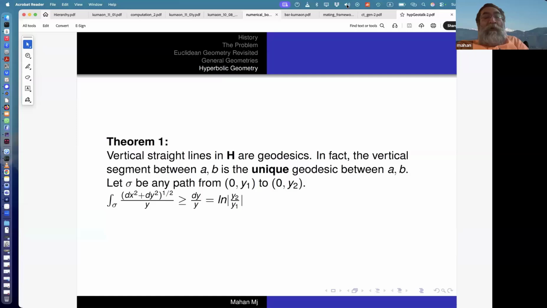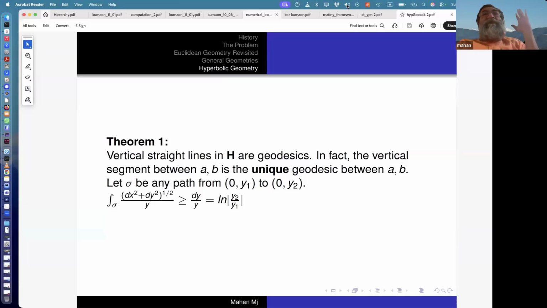Okay, so we found one particular theorem. We found that the vertical straight lines are geodesics. Good. Why? Because if you take any other path which deviates from the vertical, you're going to get something which has length which is strictly bigger. And this minimizer is going to be realized only when the first term dx square is equal to 0, which means dx is equal to 0, which means x is equal to constant, which means it's a vertical line.